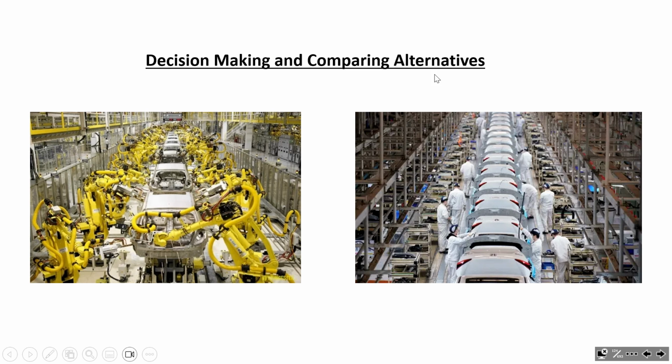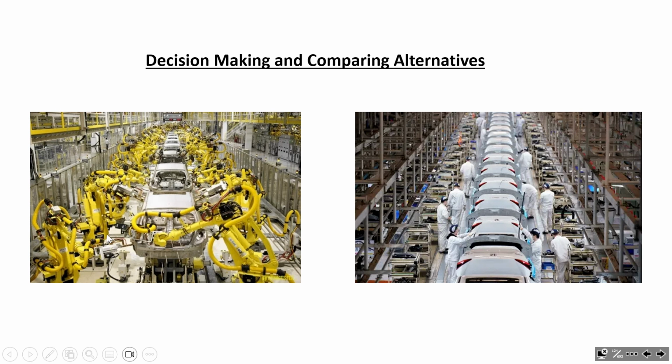So comparing alternatives is what we do when we have multiple choices for equipment that we could buy or multiple options for investments that we can make. And that'll be true most of the time. Most of the time, if you're buying a computer or a machine or whatever, there's usually substitutions and options.